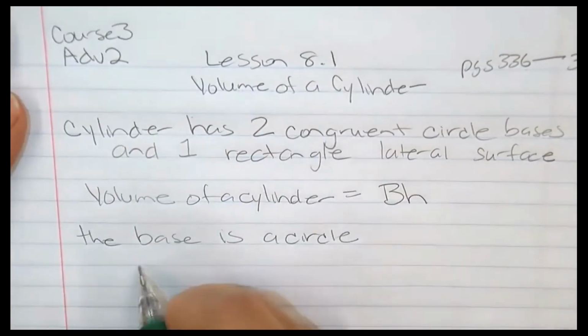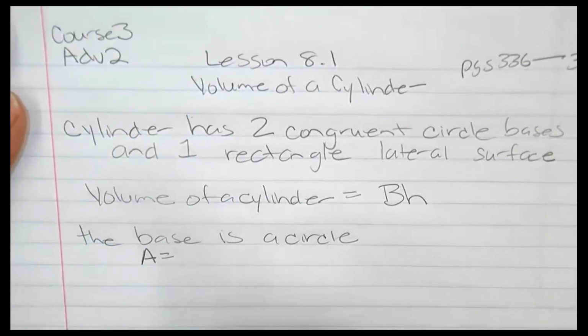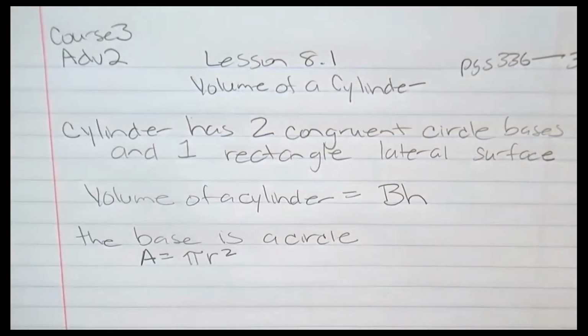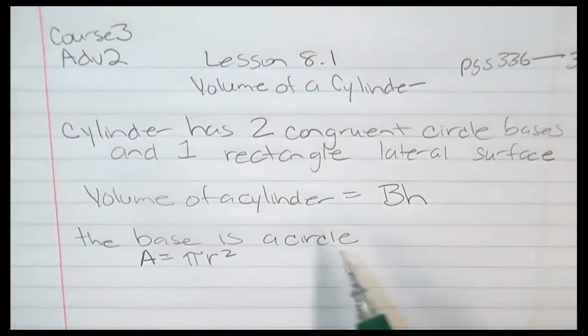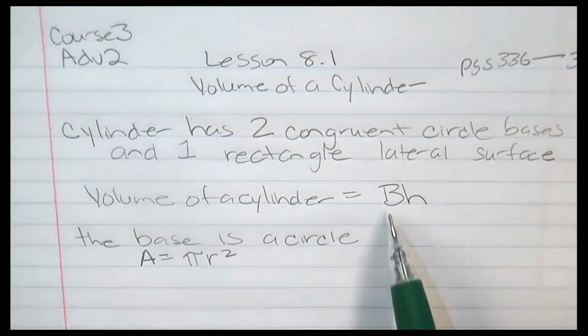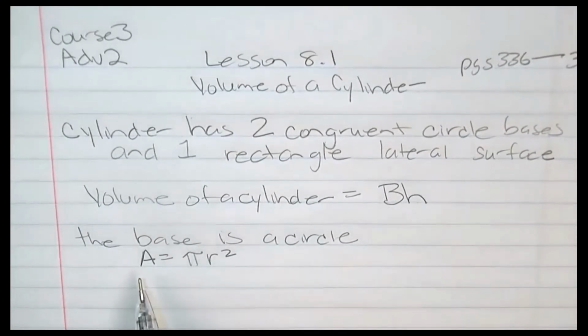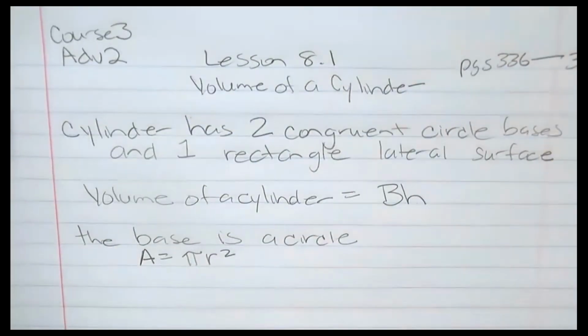So we need to find the area of a circle. And the area of a circle is pi r squared. Okay? So it's the same thing that we've done with prisms. It's the base times the height, but in this case, we have to find the area of a circle for the base.